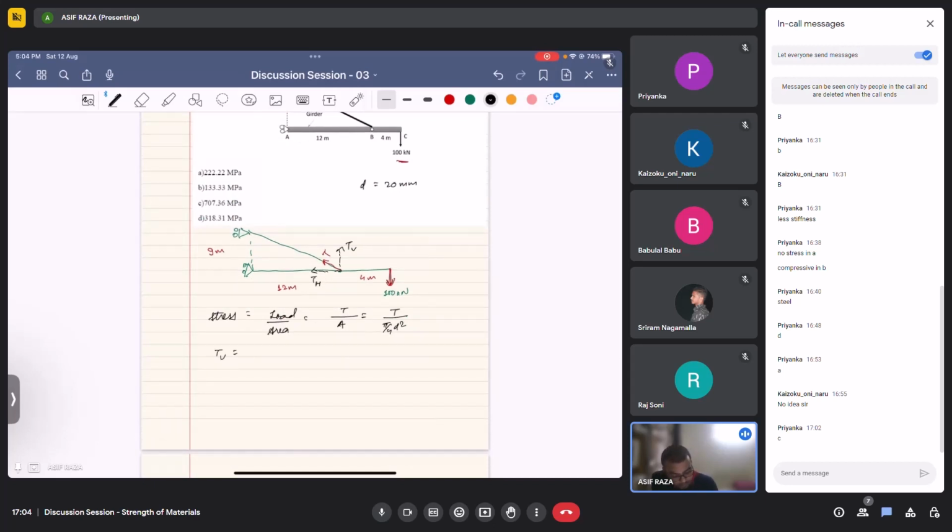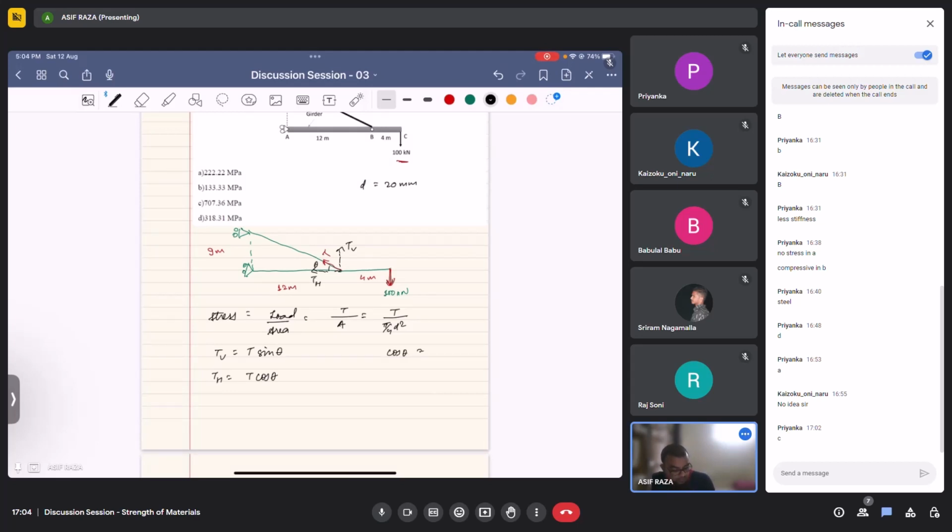If I say this angle as theta, so TV would be T sine theta, and TH would be T cos theta. Okay, and what would be cos theta?